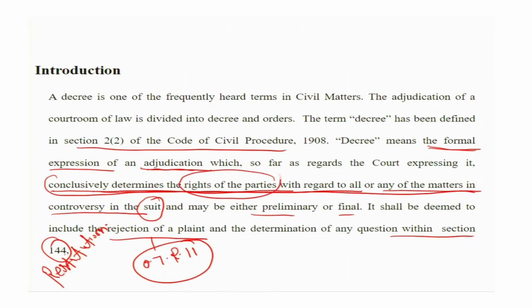Right means substantive rights, not procedural rights, like whether the suit is maintainable. You understand the difference between substantive law and procedural law. The CPC is a procedural law, the CrPC is a procedural law, the Evidence Act is a mixture of both procedural and substantive, the Limitation Act again is a procedural law, but the Constitution is a substantive law.